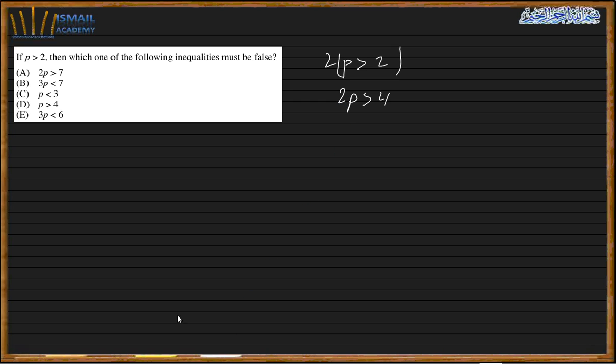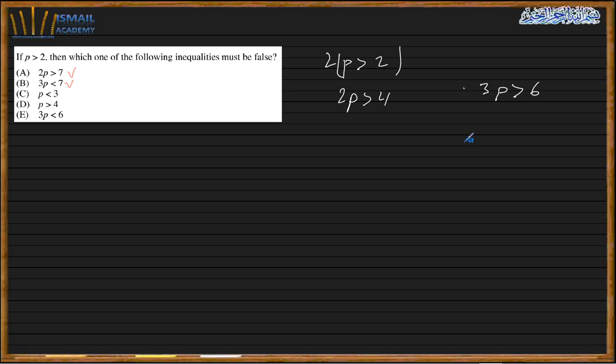It's possible. 3p less than 7, let's see. 3p is greater than 6, can be less than 7. Yes, it's possible, because 3p is greater than 6, so it can be 6.5, who knows. So it's possible to have this.